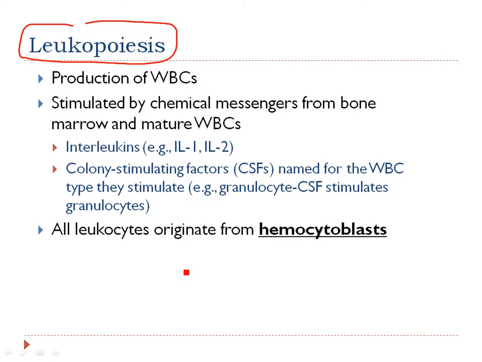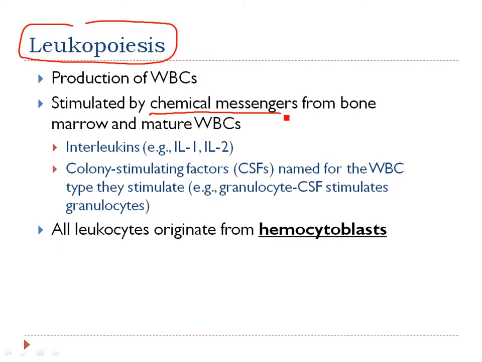Well, how does your bone marrow know how to do that? We're not going to go into all of the details, but basically there are chemical messengers. Most of these are special types of proteins produced by your body, and they function kind of like hormones of your immune system. If you have an infection taking place somewhere in your body, the cells already present at that site will release certain chemical messengers depending on the requirements.